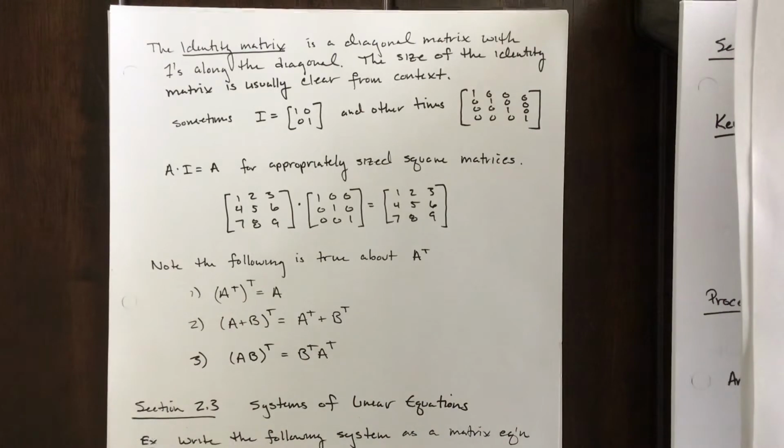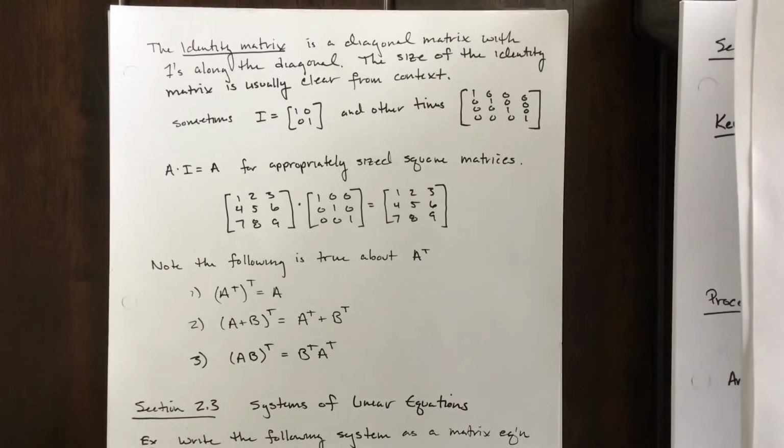The identity matrix. The identity matrix is a diagonal matrix. Remember what diagonal means? That means the upper and lower triangular entries are all 0 with 1s along the diagonal.